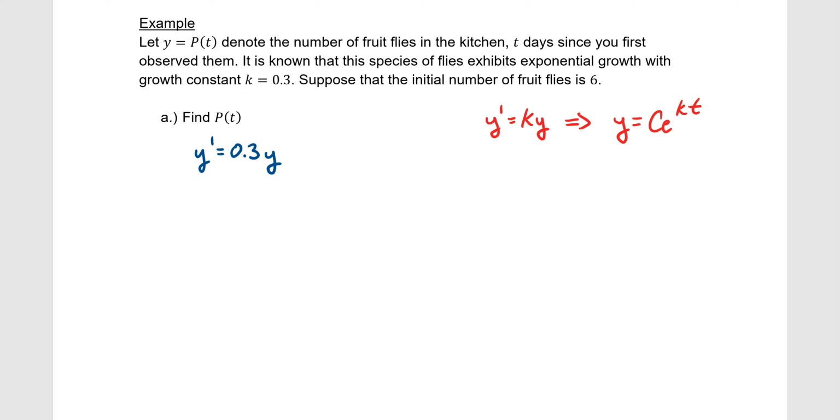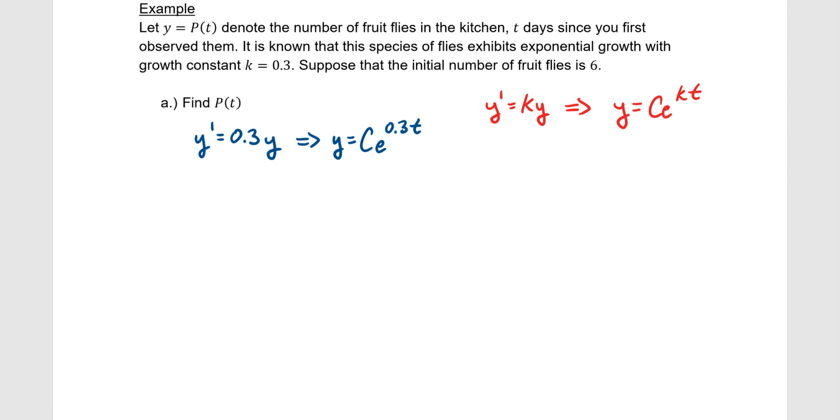And we also know that the function that will satisfy this is y equals c e to the 0.3t. So it seems like this is our answer, and we could just let it be p of t. So we would say p of t equals c e to the 0.3t.